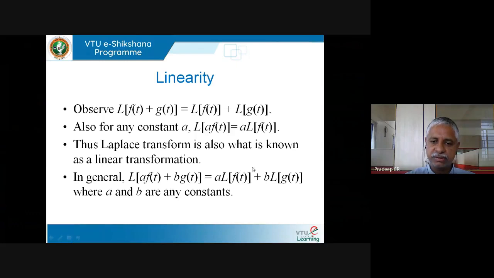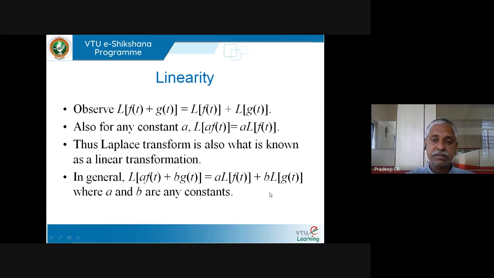These two properties together constitute what is known as the linearity property. Since Laplace satisfies these two properties, we say Laplace transformation is a linear transformation, and we write it in one go: L of a f(t) plus b g(t) is a L of f(t) plus b L of g(t).